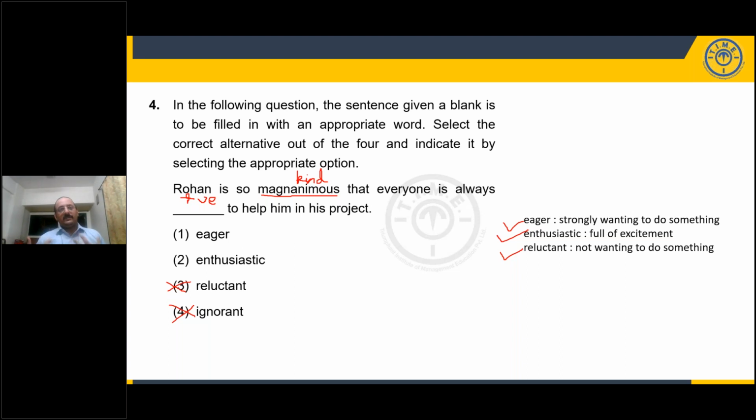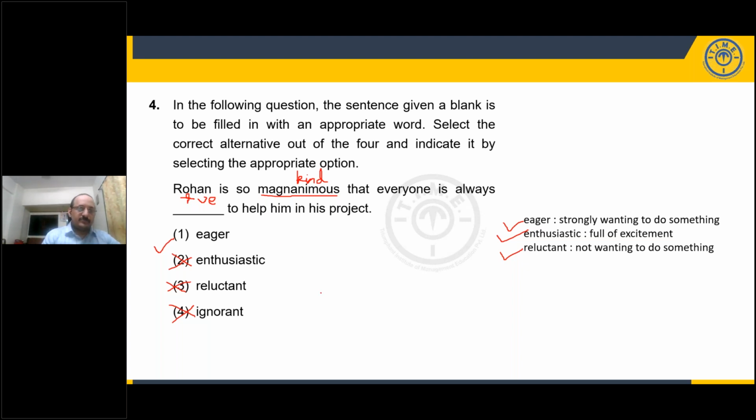Excitement comes more with personal involvement. When someone is kind, we very strongly want to help the person, but we may or may not be personally involved in it. So enthusiastic may not fit in this case. My answer would be option number 1. So Rohan is so magnanimous that everyone is always eager to help him in his project.